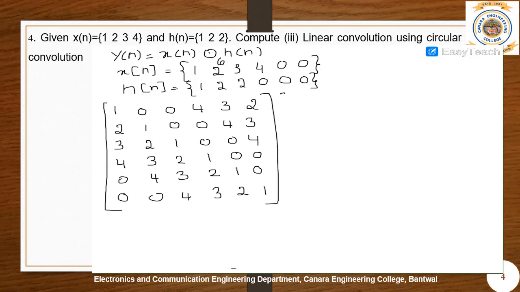It should be multiplied by 1, 2, 2, 0, 0, 0.